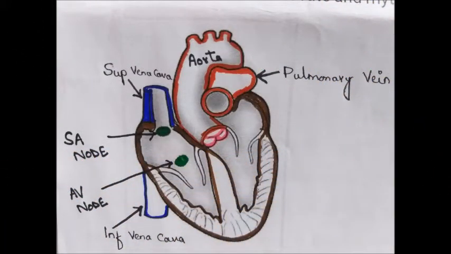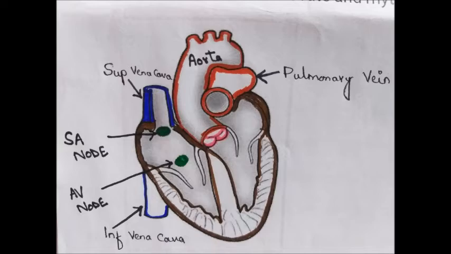Let's have a quick review of today's lecture, what we have studied today. We studied the nodes of the heart. Nodes are the group of cells present on the heart which generate the electrical activity of the heart.